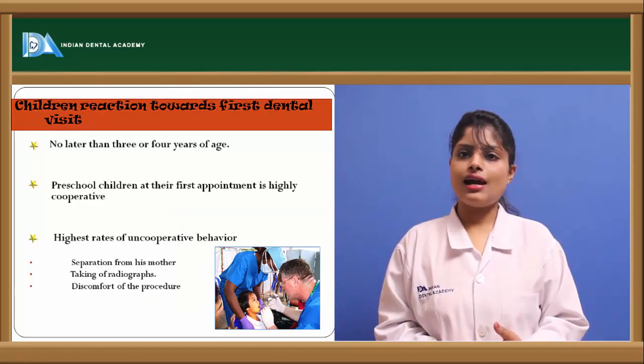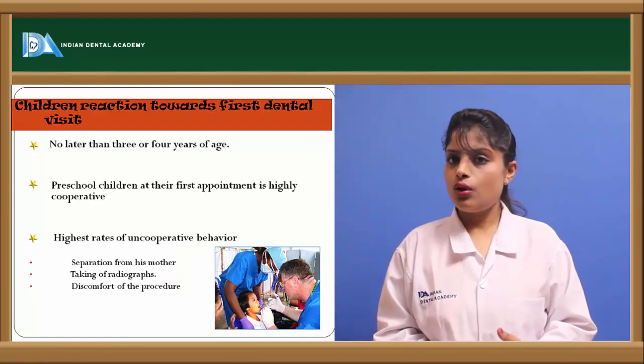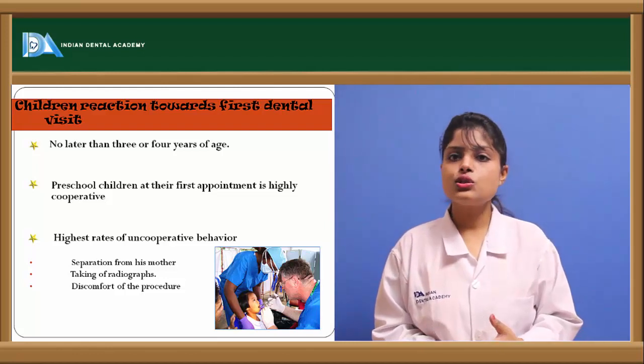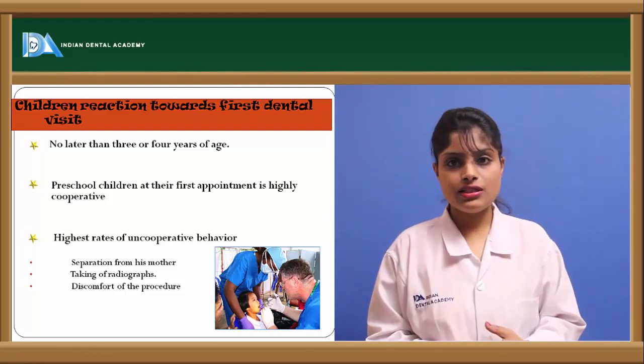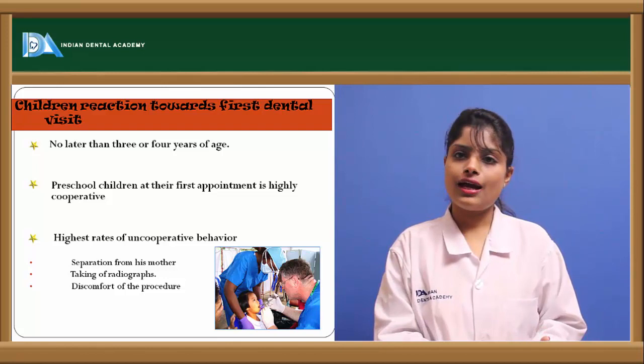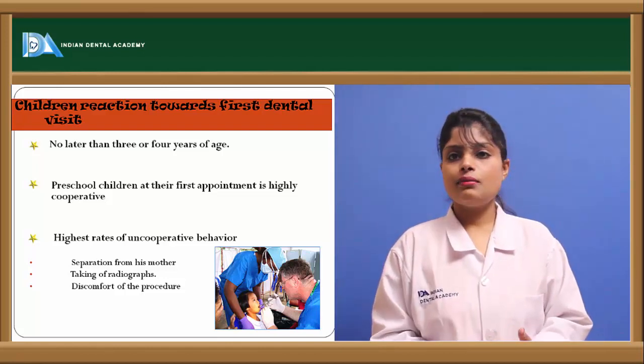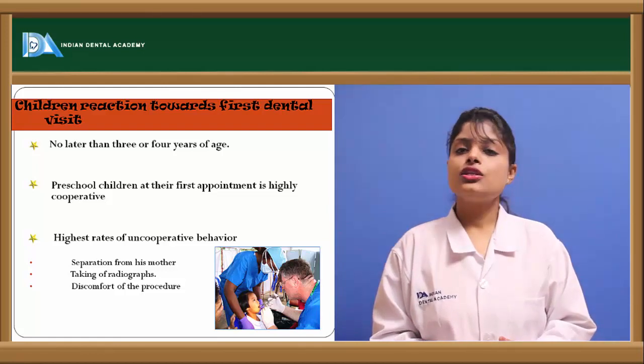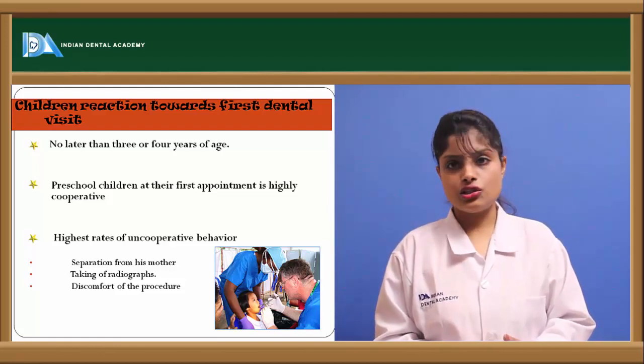Now, there are various reactions of a child in the dental clinic. It is said that as the first tooth erupts in the oral cavity, the parents should take the child to the dentist for examination, but it should not be later than 3 to 4 years of age.